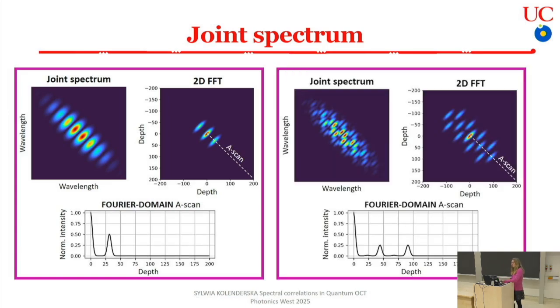For two interfaces, for example, an object that is a piece of glass, the joint spectrum will have a more complicated pattern. Two-dimensional Fourier transformation will be more complicated as well. We can observe on the diagonal we will have the structure, and the off-diagonal elements will be the artifacts.